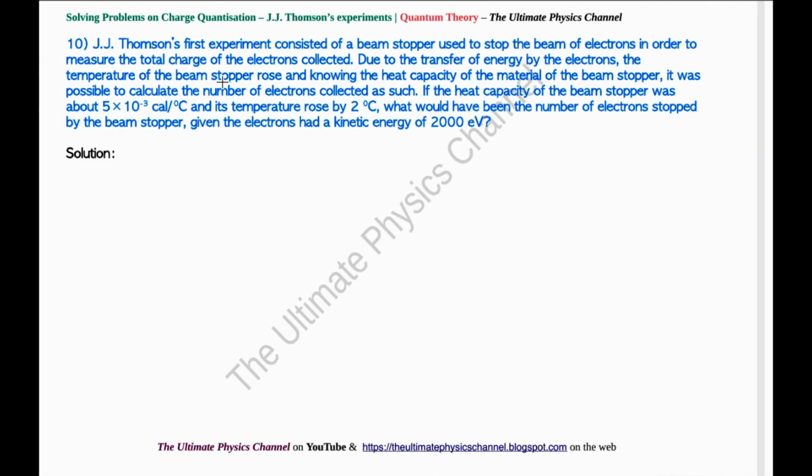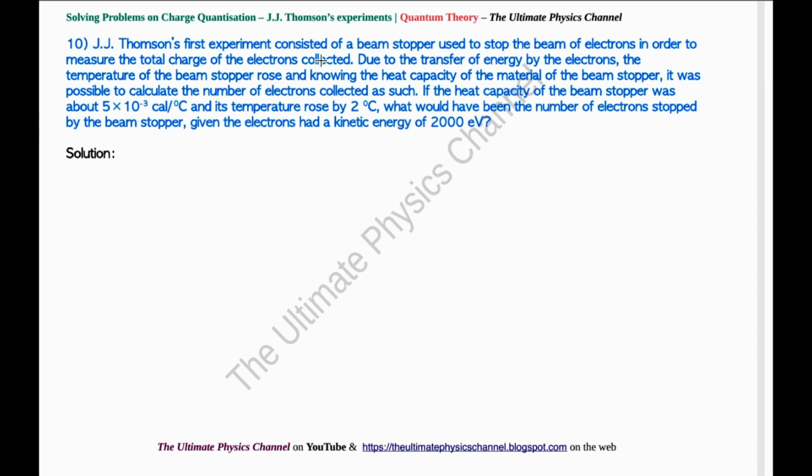J.J. Thomson's first experiment. Remember, Thomson performed a series of experiments. Particularly 3 experiments are noted for the value of knowledge that they contributed. Of course, the third experiment was a successful one that confirmed the existence of the electrons in the atom, though the atomic structure was not fully understood.